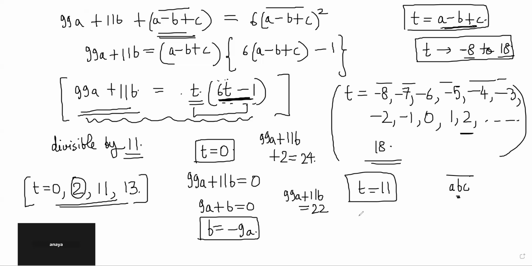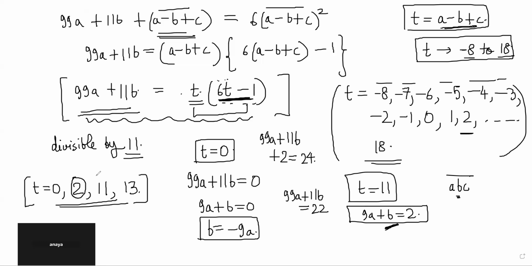Dividing by 11, 9a plus b is equal to 2. Again, not possible because b is negative now. Do you understand why it is not possible? Because a has to be 1, and after that, you cannot do anything with b.